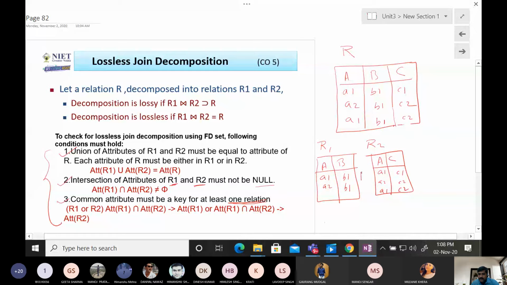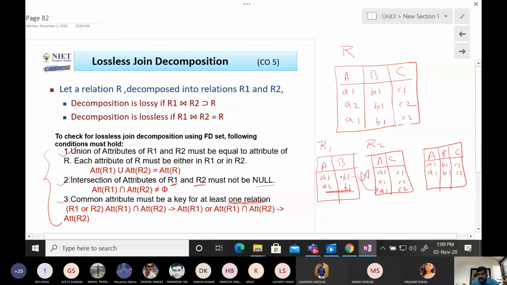Now, if we perform the join operation, this tuple is associated with this tuple and this tuple. So from that we will get A1, B1, C1. And if we associate with this tuple, then we will get A1, B1, C2.